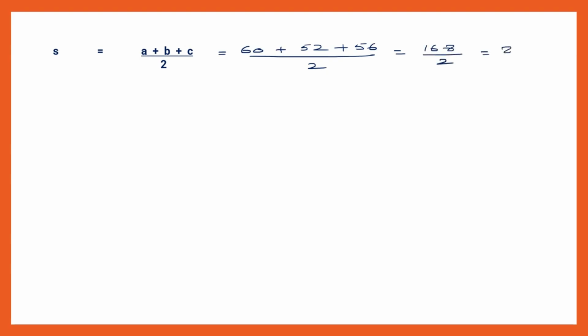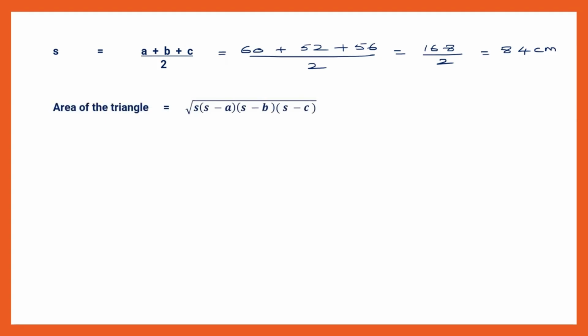So semi-perimeter is A plus B plus C, which is the three sides, divided by 2. That is 60 plus 52 plus 56 divided by 2. So we have to add up all these and divide it by 2. That is 168 divided by 2, which is 84. So we have found the semi-perimeter to be 84 centimeters.